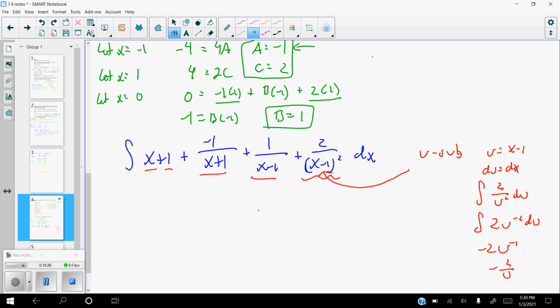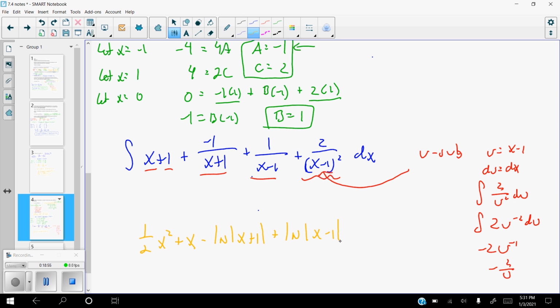All right, so now we should have everything that we need to finish the problem. Antiderivative of x is 1/2 x squared. Antiderivative of 1 is x. Antiderivative of negative 1 over x plus 1, that is a natural log. So it's negative natural log absolute value x plus 1 plus the antiderivative of 1 over x minus 1, which is the natural log absolute value x minus 1.